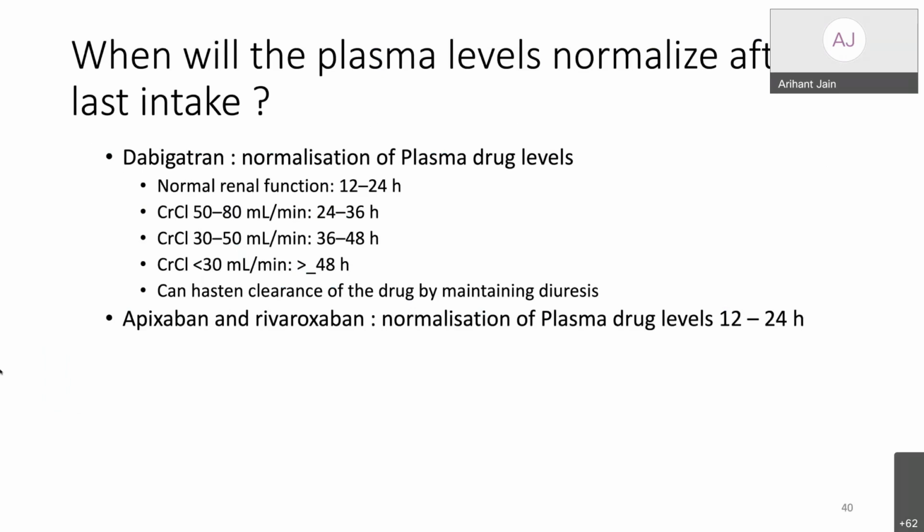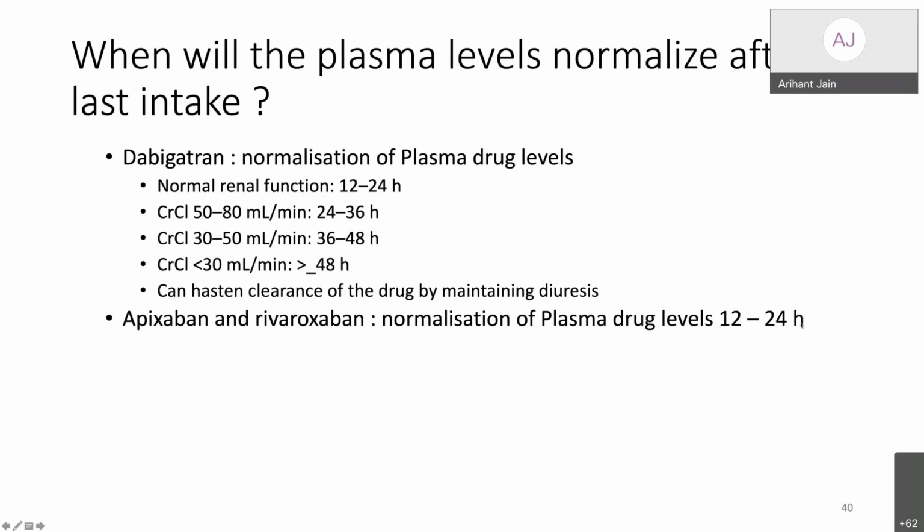prescribing these drugs. So when will the plasma levels normalize after the last intake? For Dabigatran, they will normalize after 12 to 24 hours if the patient has a normal creatinine clearance, and if the creatinine clearance goes down, then the clearance will be delayed. For apixaban and rivaroxaban, generally if the patient has taken the drug in the last 12 to 24 hours, that's okay.